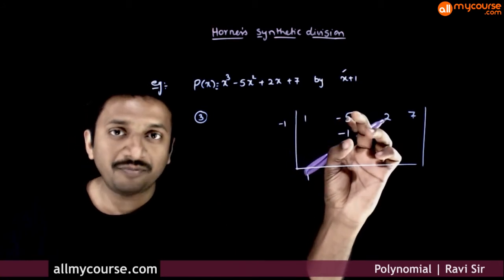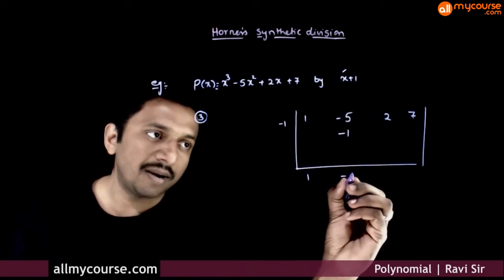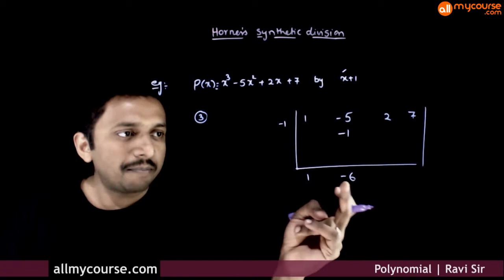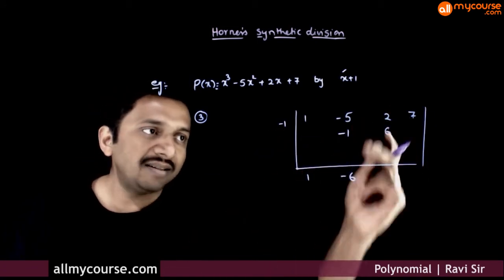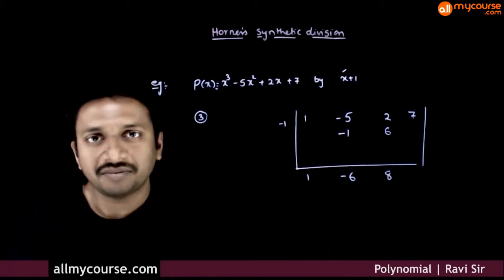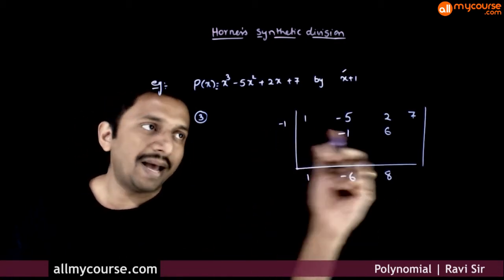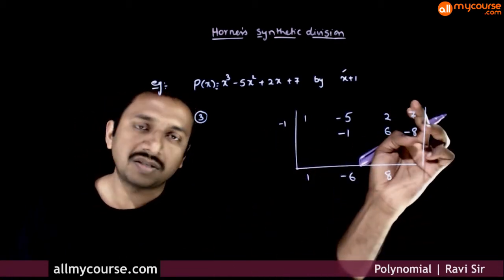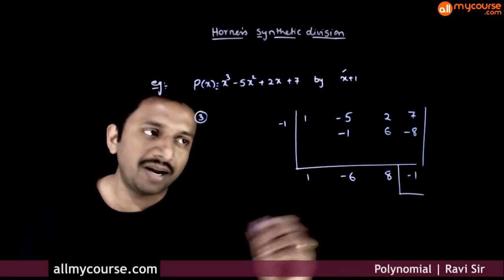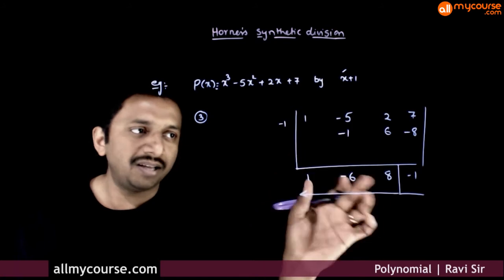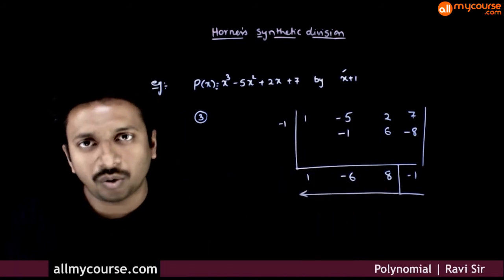And minus 5 minus 1, you add these two, you get minus 6 as the answer. And minus 6 into minus 1 is plus 6. And you add these two, you get 8 as the answer. 8 into minus 1 is minus 8. So 7 minus 8 is minus 1. So the last digit is the remainder and the remaining digits correspond to the quotient.